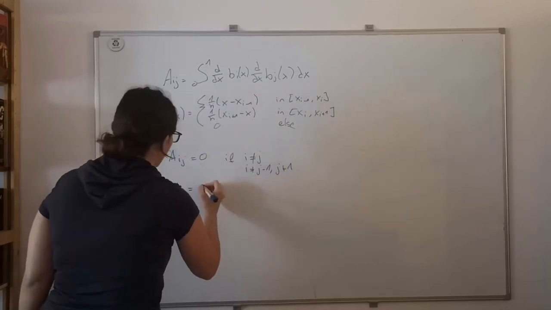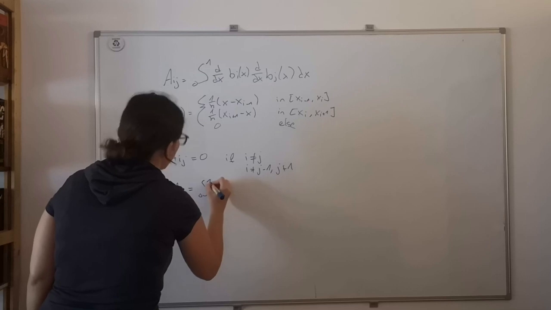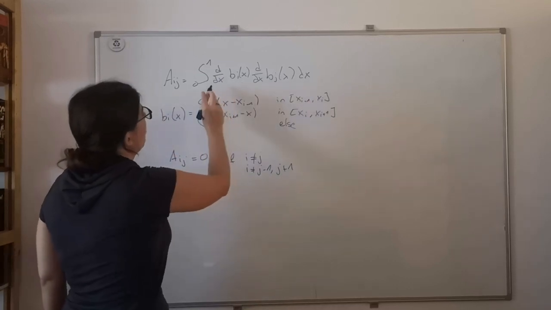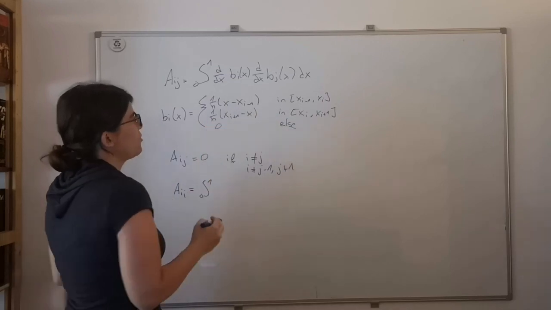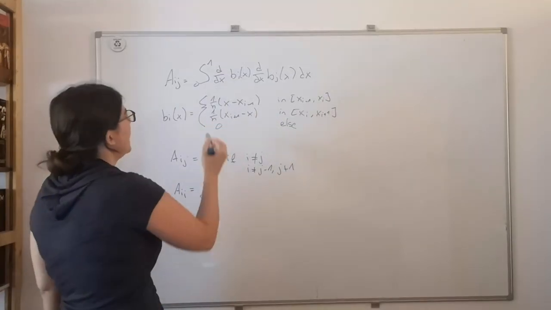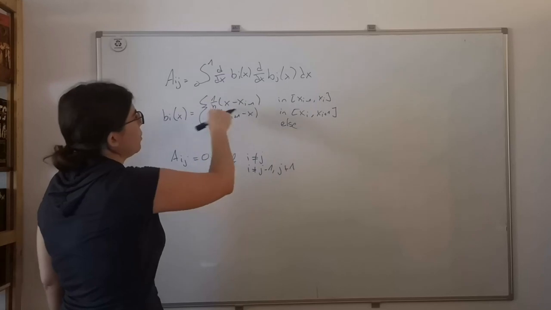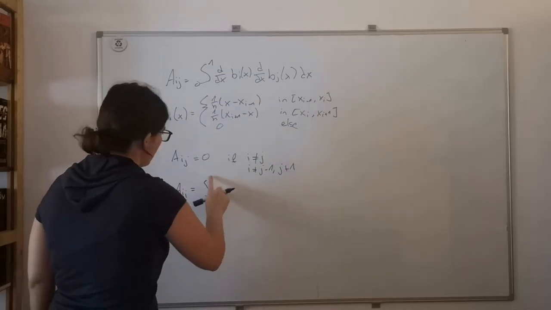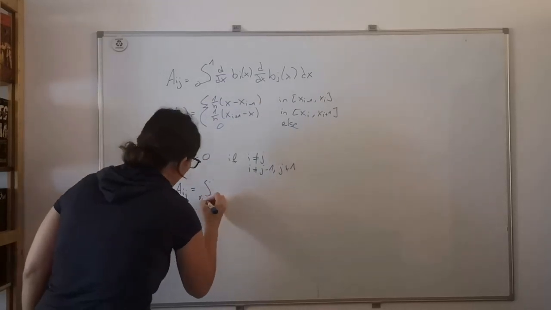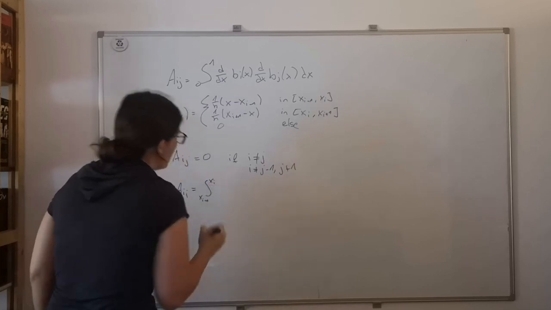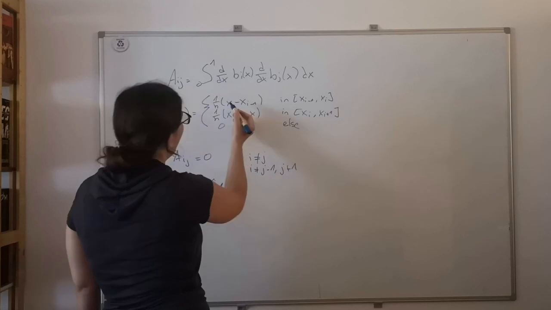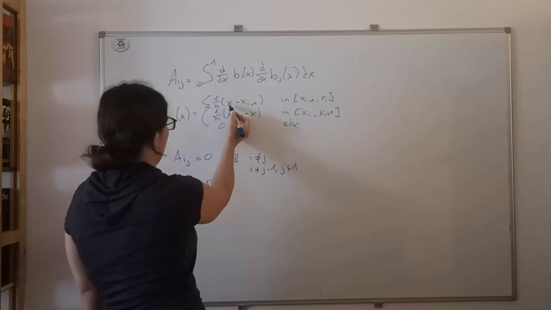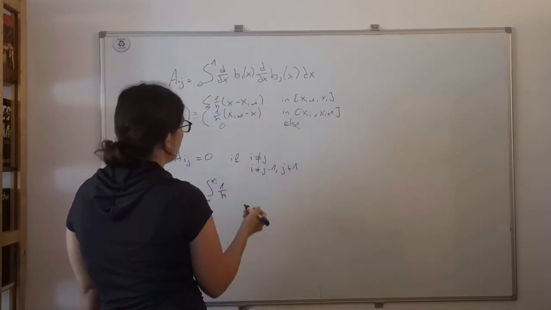We have the integral from 0 to 1, then we have the derivative of b_i, and the derivative of a linear function is pretty easy to compute. So let's divide this up into our two intervals. Starting with x_(i-1) to x_i, we have 1 over h, and x derived is just 1, so this is just 1 over h.